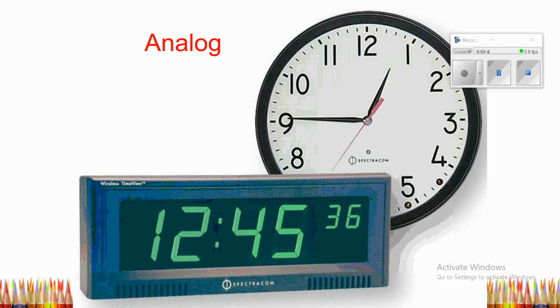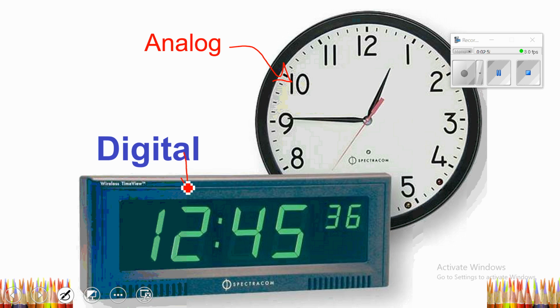Here is the analog, this one. Let's bring the marker. Here is the analog clock, and the other one is the digital clock. What's the difference between analog clock and digital clock? Can you see from the picture?